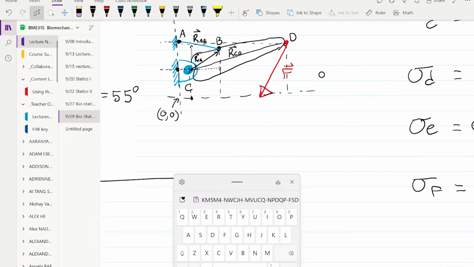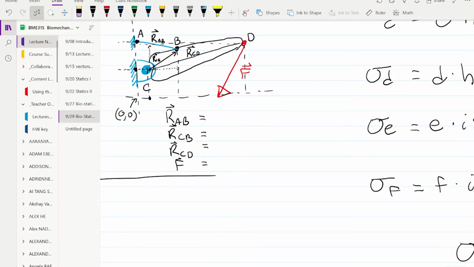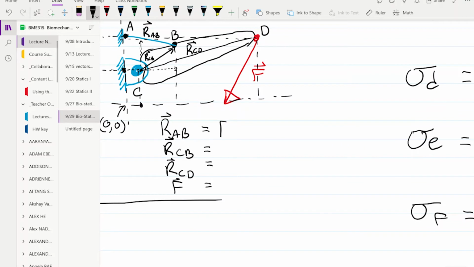All right, but this isn't complete without a description of RAB, RCB, and RCD, right? So AB, RCB, RCD, and F. Let's describe these things. RAB would be where the delt connects the clavicle, where the delt connects on the humerus.